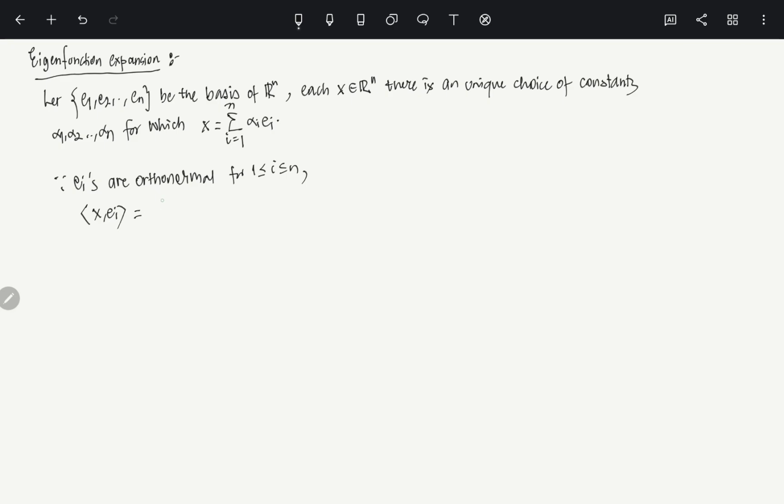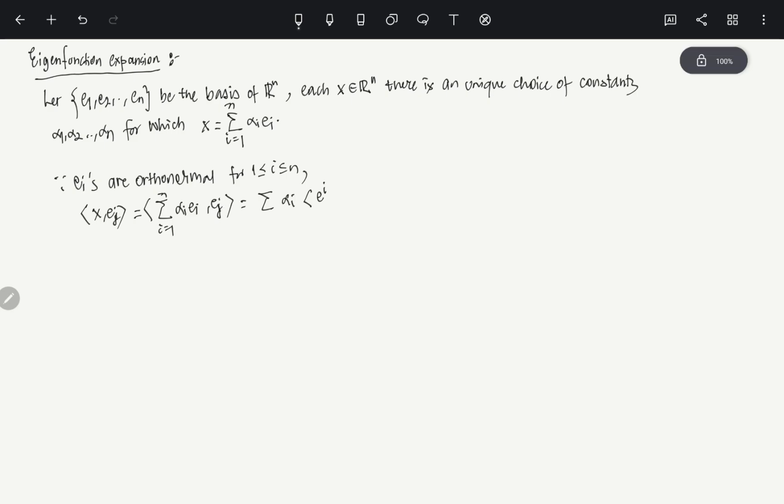That will be nothing but the summation alpha i ei acting at ej, and we can use the linearity property of the dot product and write it like this. Maybe I can write this thing as ej, that will fit better.